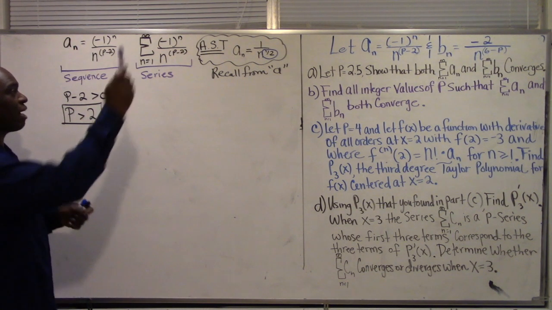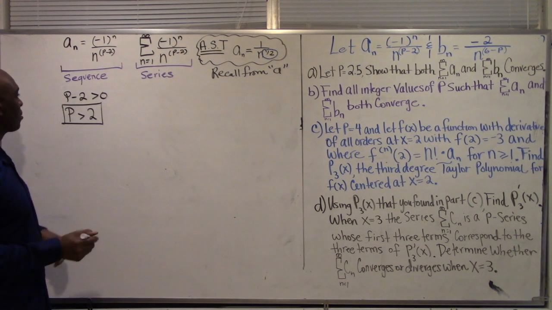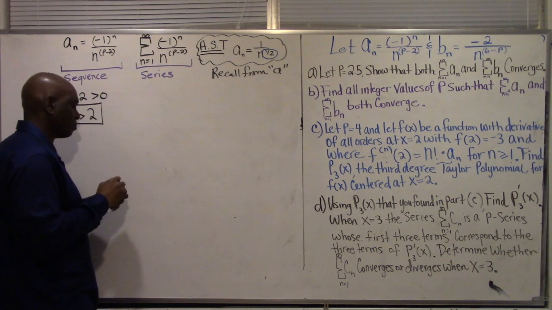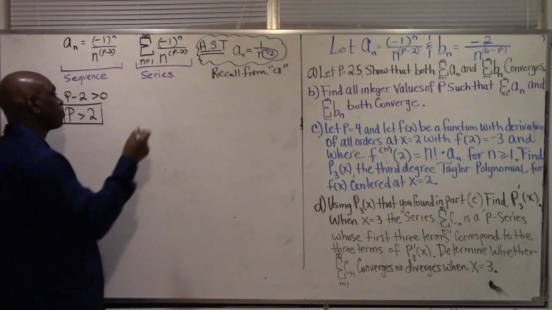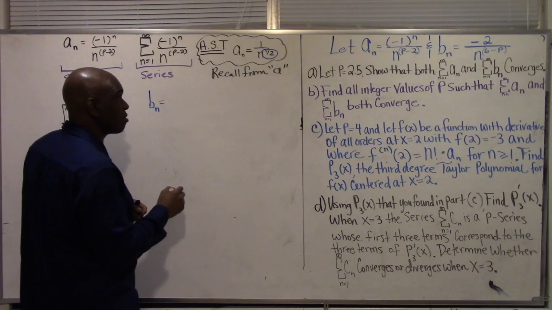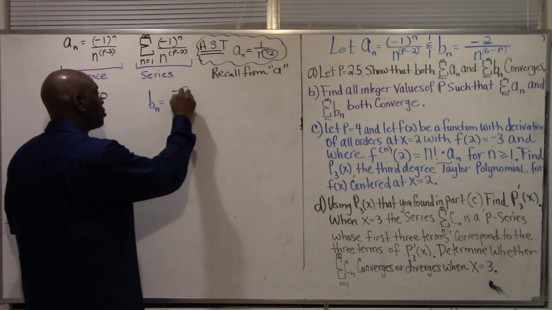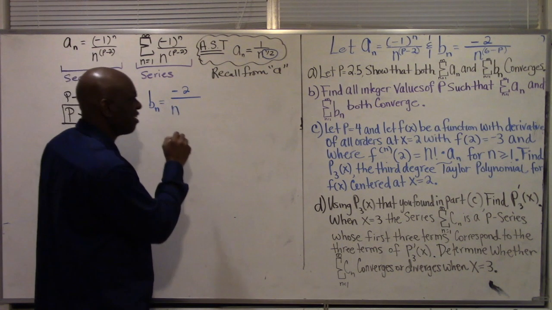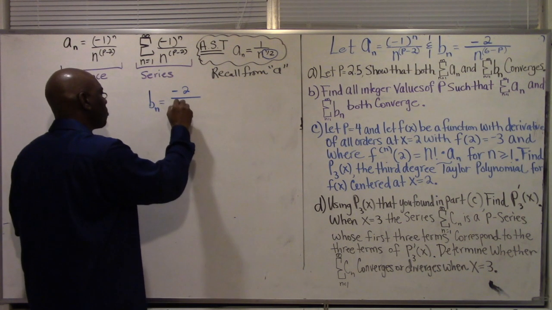Let's take a look at our other sequence. The other sequence is Bn, which is -2 divided by n to the 6 minus p.